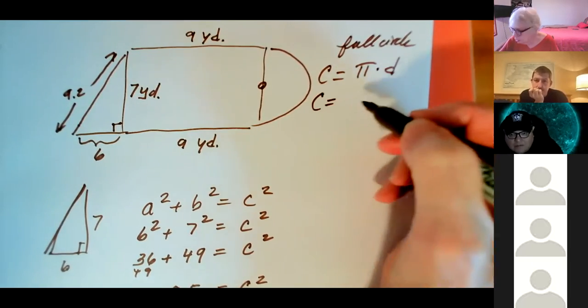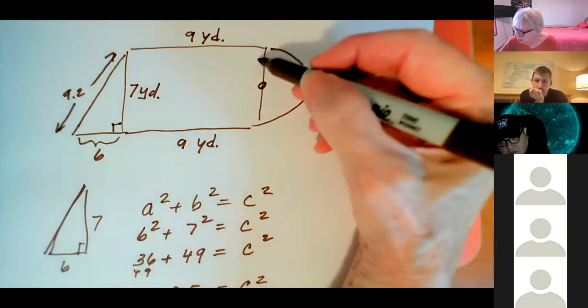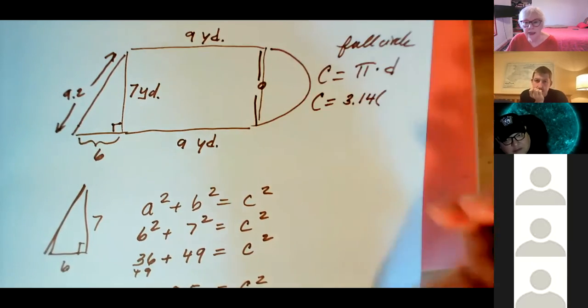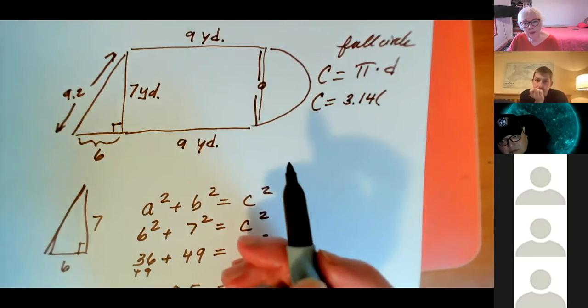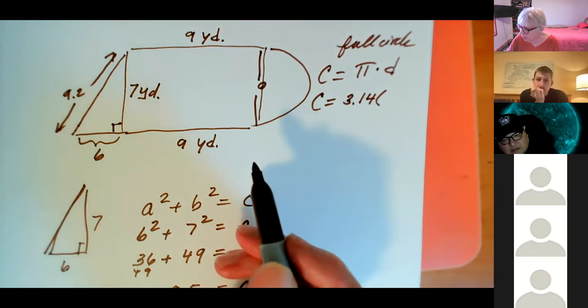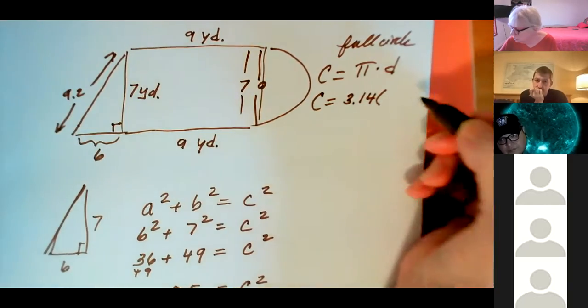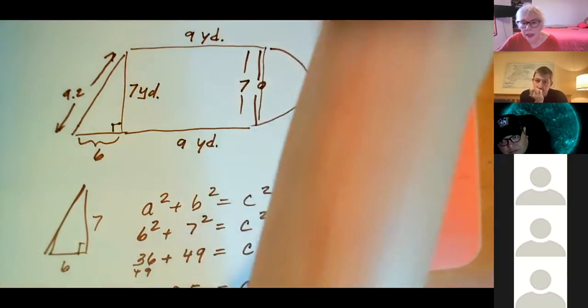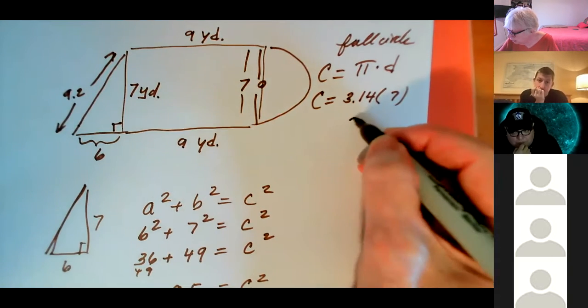And then you go half. 3.14, and the diameter is basically the distance all the way across. Can you tell that from the picture? What is it? 7. Correct. So 7 is the distance here. Again, I'm going to just make it simple. 3.14 times 7 is 21.98.